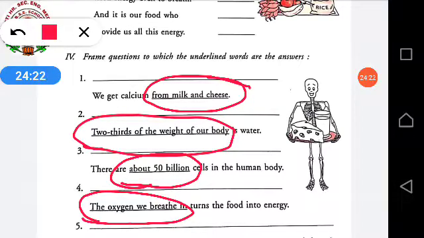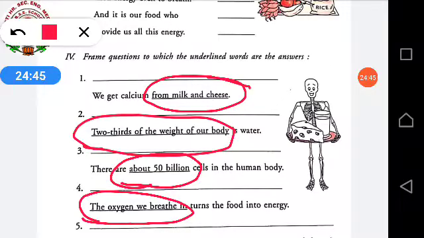In the same way, second one, 2/3 of the weight of our body is water. So what is the answer? 2/3 of the weight of our body. So how will you ask? How much. I will ask, how much of our body is water in terms of weight? Why are we using much?